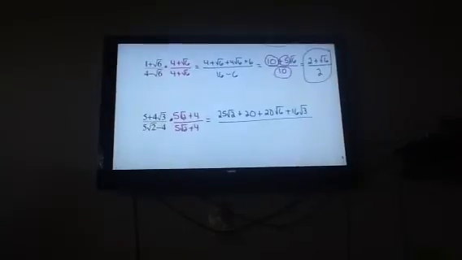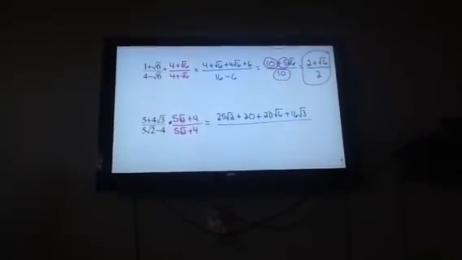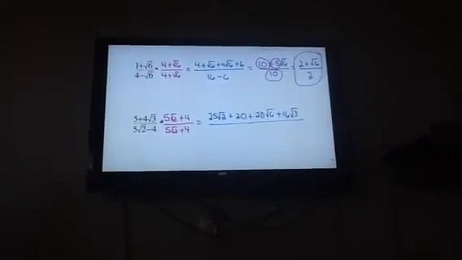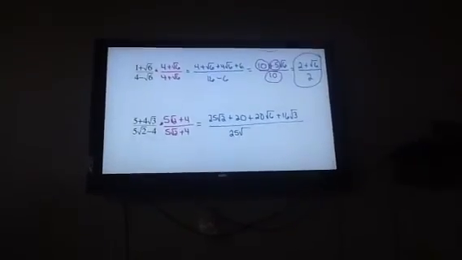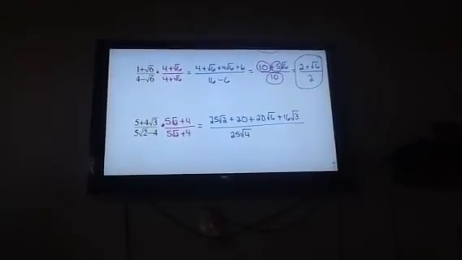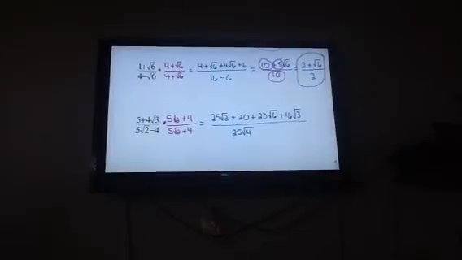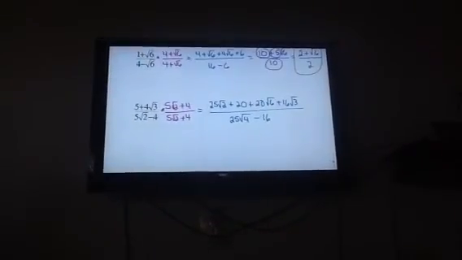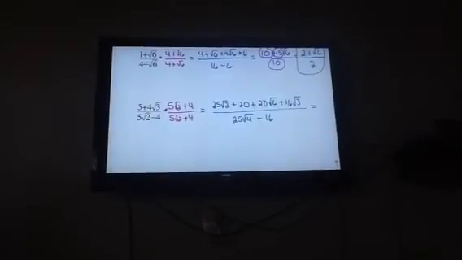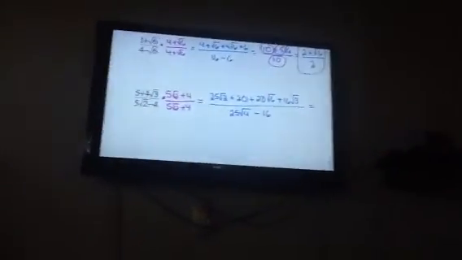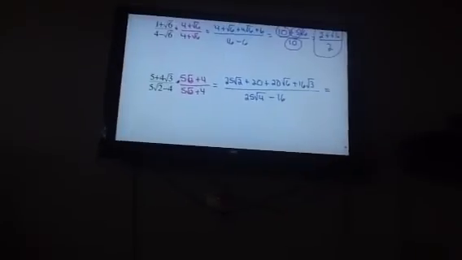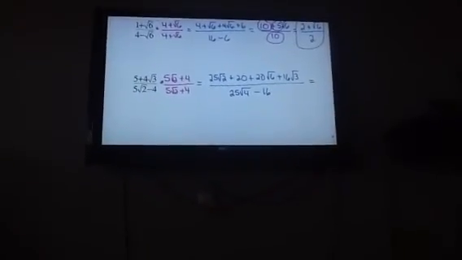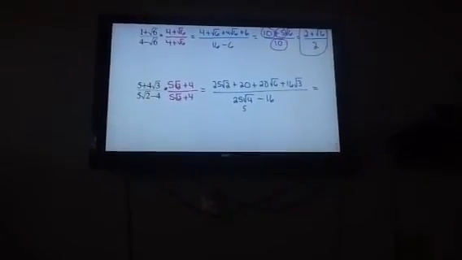And in my denominator, again, first and first, last and last. 25 square root 4, 5's on the outside, 2's on the inside, minus 16. So 25 square root 4 is going to simplify to the square root of 4 is 2, times my 25 is 50.